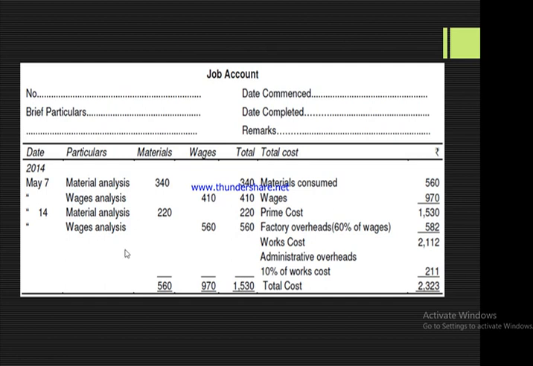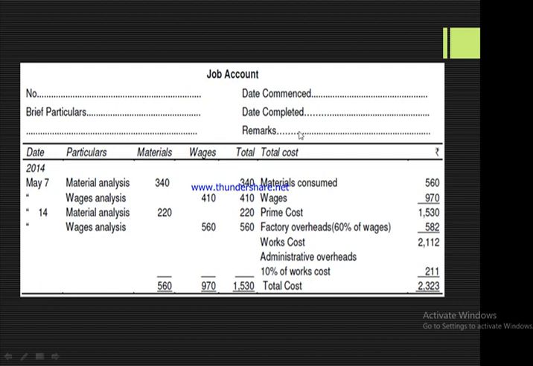If you look into this format, this is a kind of record that the company maintains for each job that they are undertaking. Here they mention the number, the brief particulars, the date when the particular work started, when it was completed, and any remarks in case there was a breakdown of machinery or a delay in getting a material.